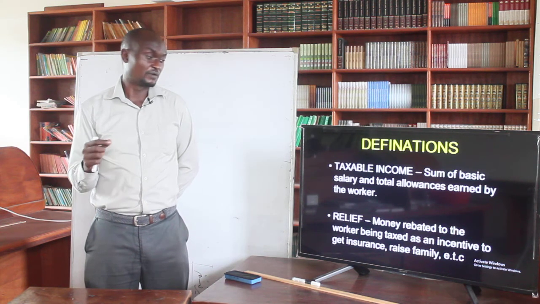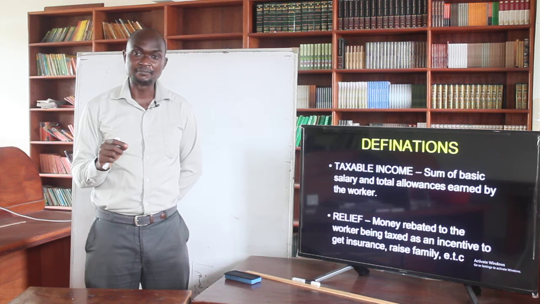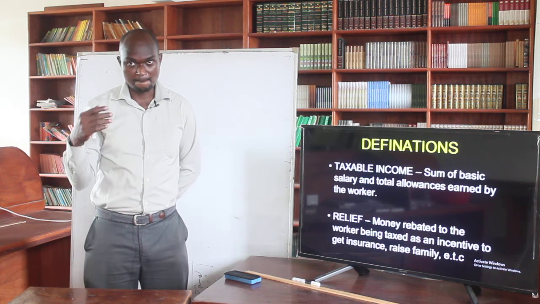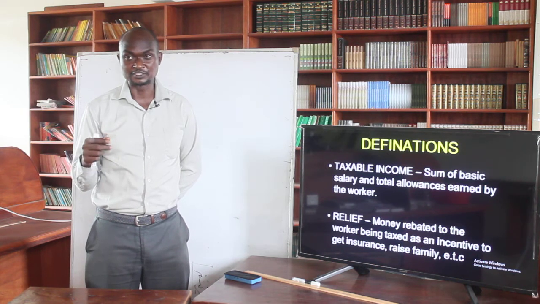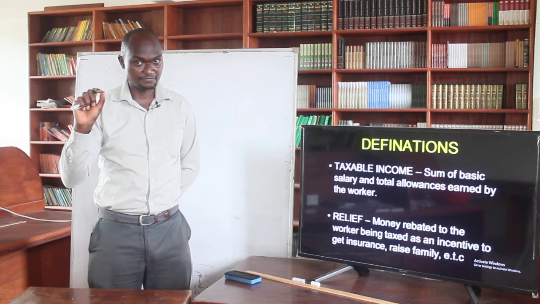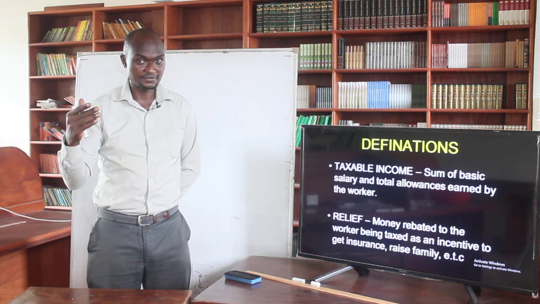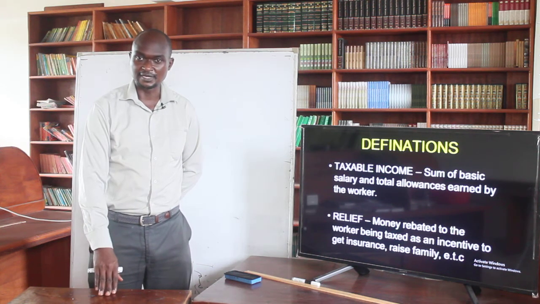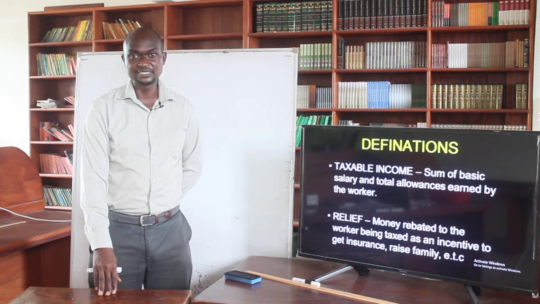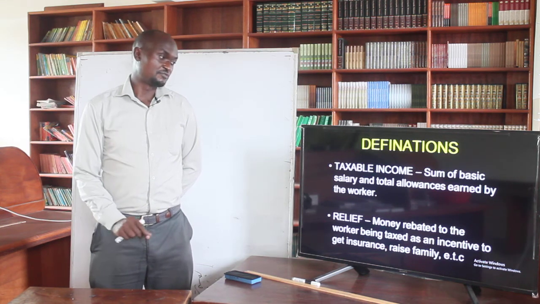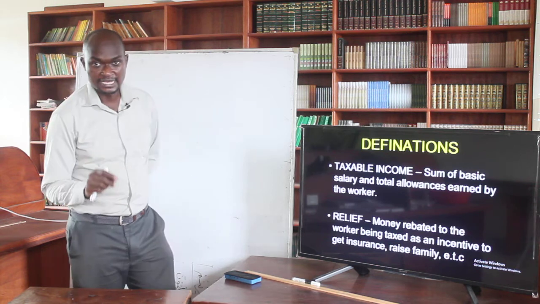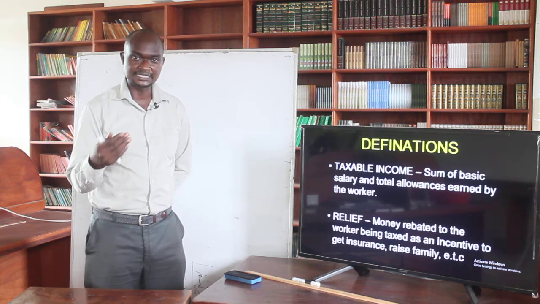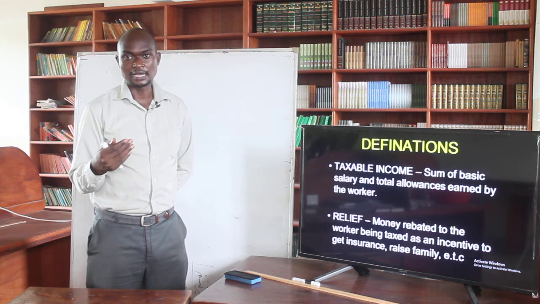We have talked about taxable income, and we say the taxable income is the sum of basic salary and total allowances. So get those words. Relief: money given back from the tax which is supposed to be taken. Taxable income, which is the sum of the basic salary and total allowances earned.